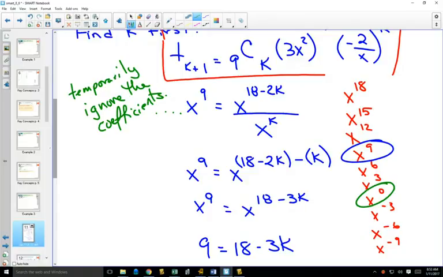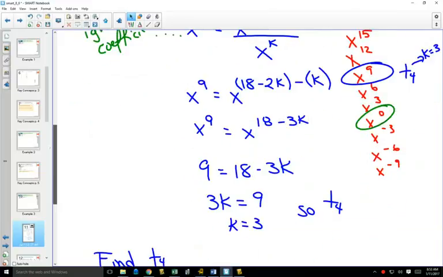So we can use our pattern, and we can use guess and check to find it. We can also use an algebraic way to find out what k is. Whichever way you decide to go with, once you find out that k is 3, right? And so this pattern technique tells you that it's T4, which means that because k is always 1 less than our term number, k is equal to 3.